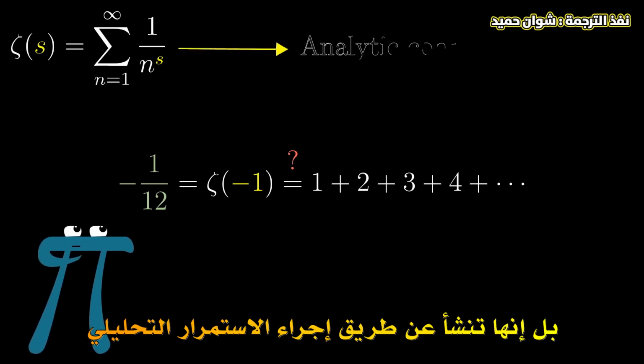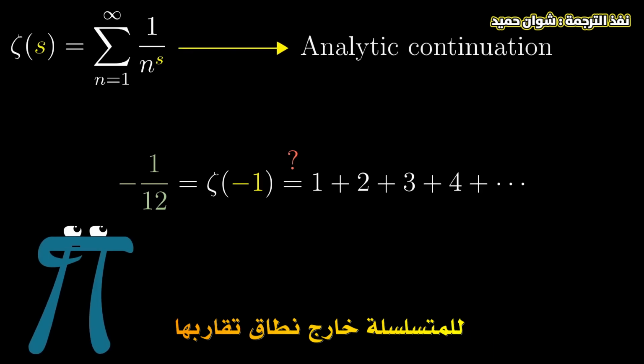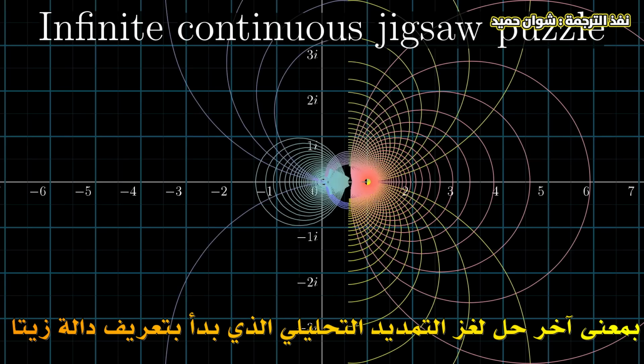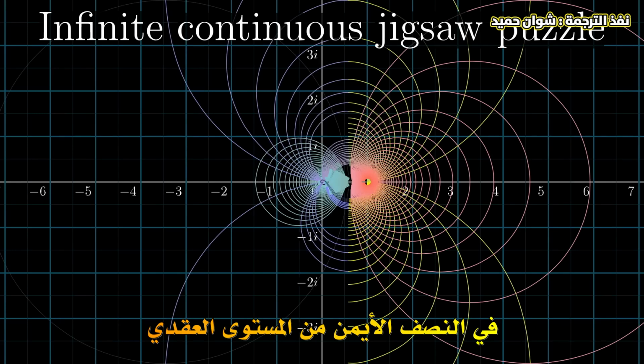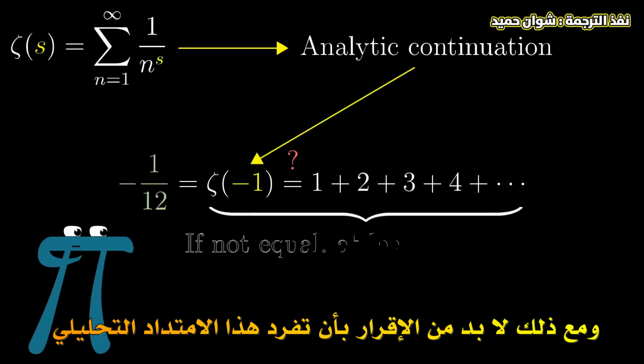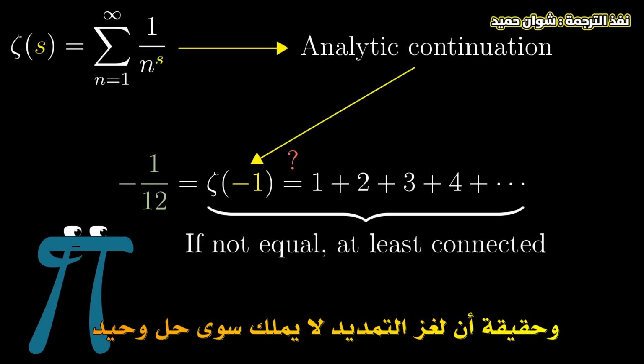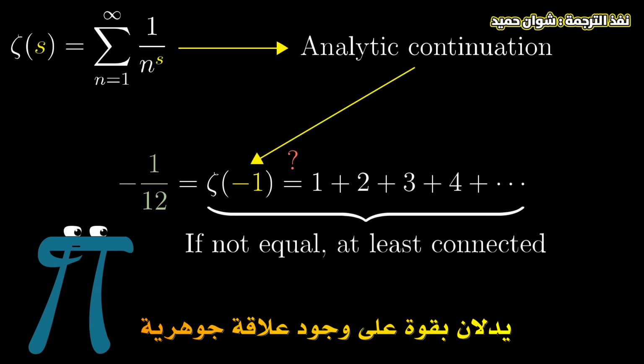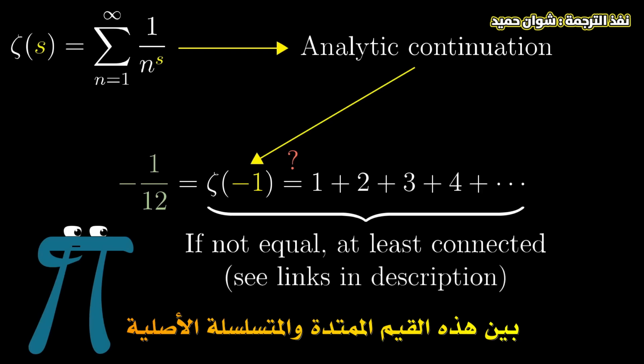Instead, it comes from analytically continuing the sum beyond the domain where it converges. That is, solving the jigsaw puzzle that began on the right half of the plane. That said, you have to admit that the uniqueness of this analytic continuation, the fact that the jigsaw puzzle has only one solution, is very suggestive of some intrinsic connection between these extended values and the original sum.